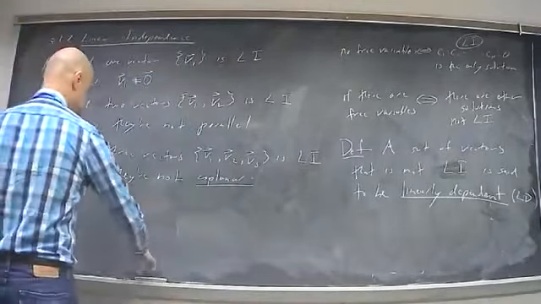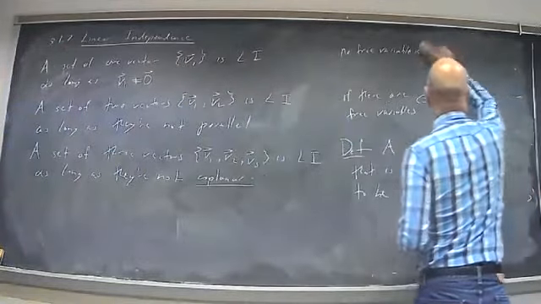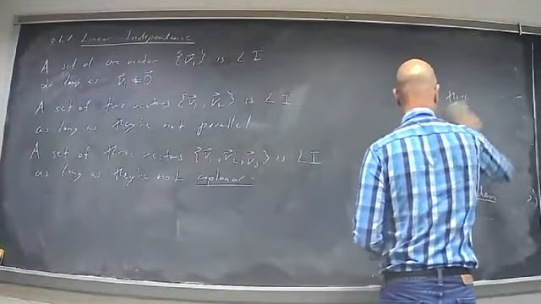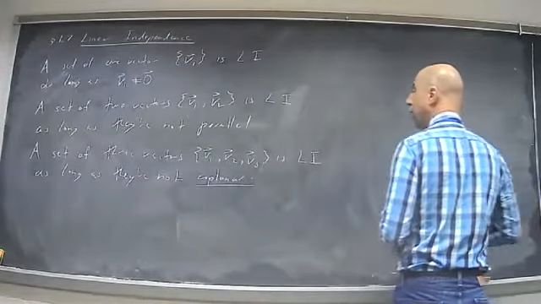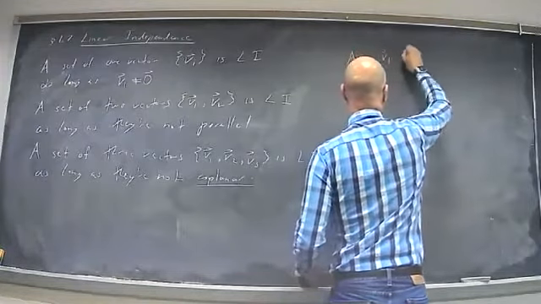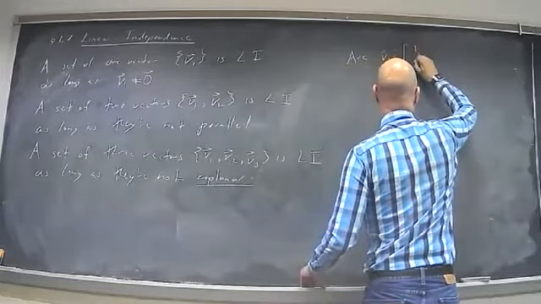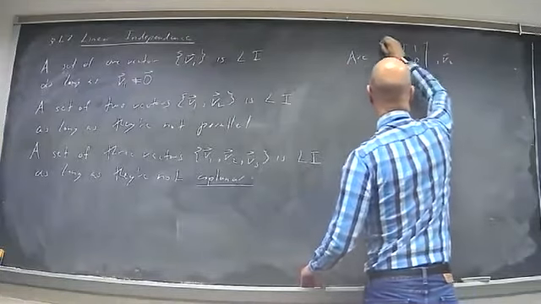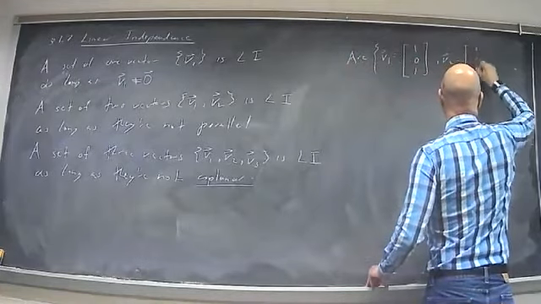So for instance, V1 is, let's say, 1, 0, 1, and V2 equals 1, 1, 0.